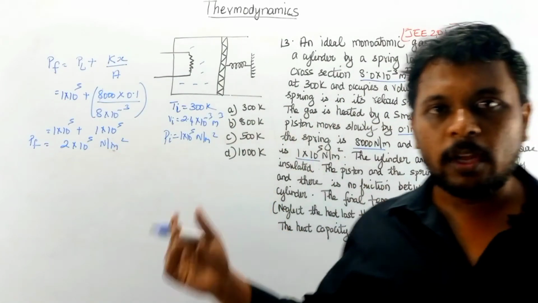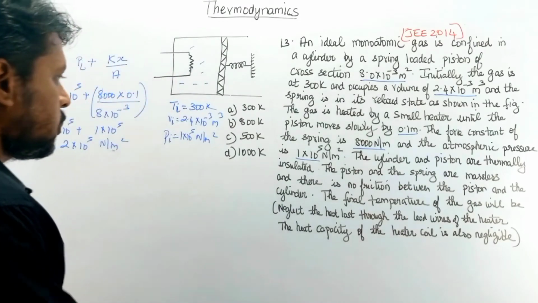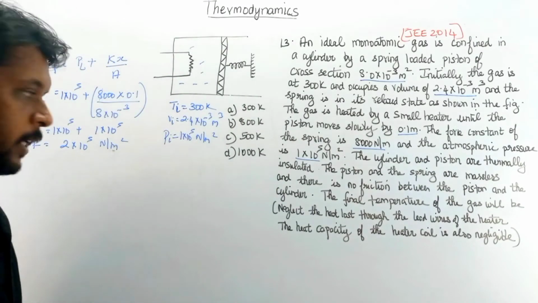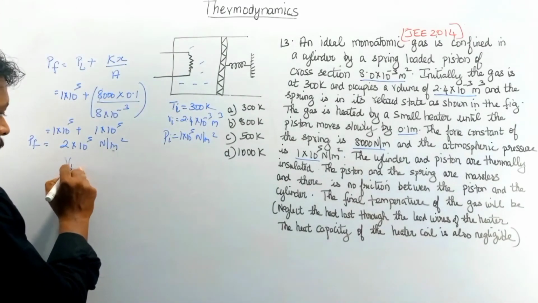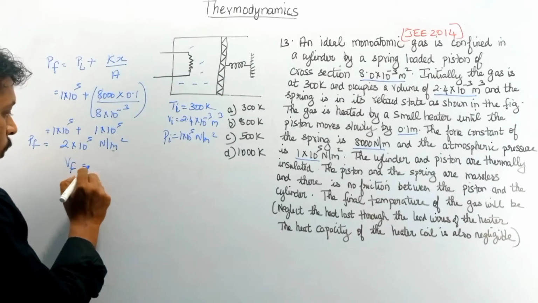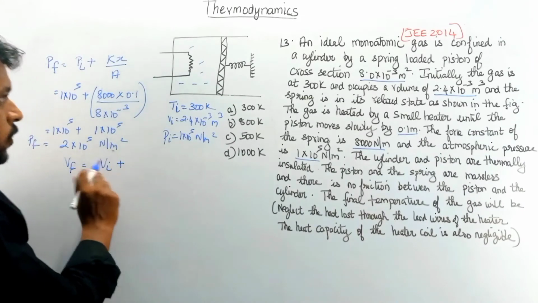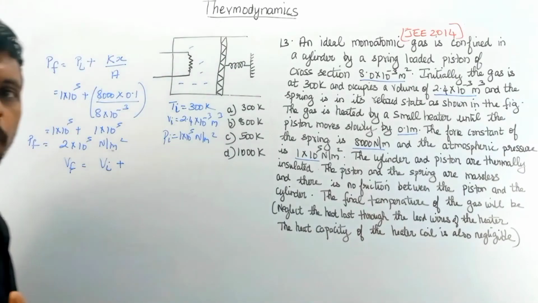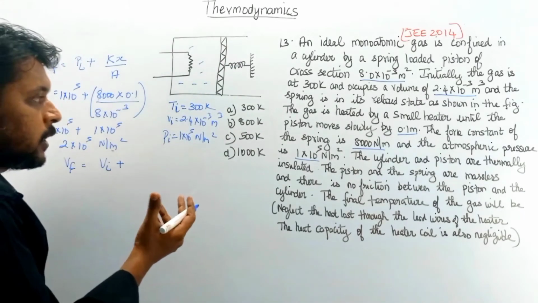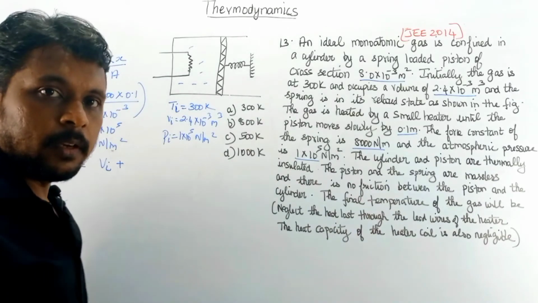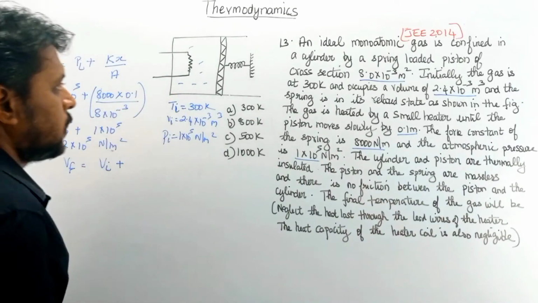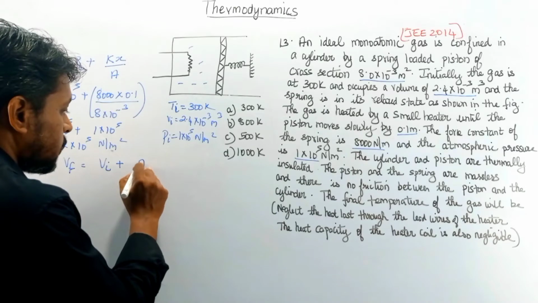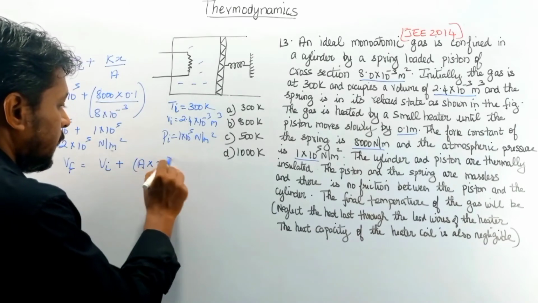Similarly, you will find the value of your final volume. The initial volume is 2.4 into 10 power minus 3. The final volume will be equal to this initial volume plus, as the gas expanded and the piston moved, some additional volume. That volume is area into displacement, that is, the area of the piston into the distance moved by the piston.